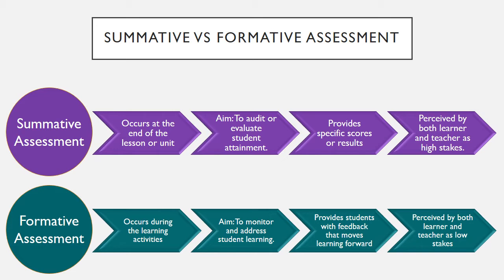Summative assessment provides specific scores or results, whereas formative assessment provides students with feedback that moves learning forward. Summative assessment is perceived by both learner and teacher as a high-stakes form of assessment, whereas formative assessment is perceived by both the learner and the teacher as a low-stakes form of assessment.